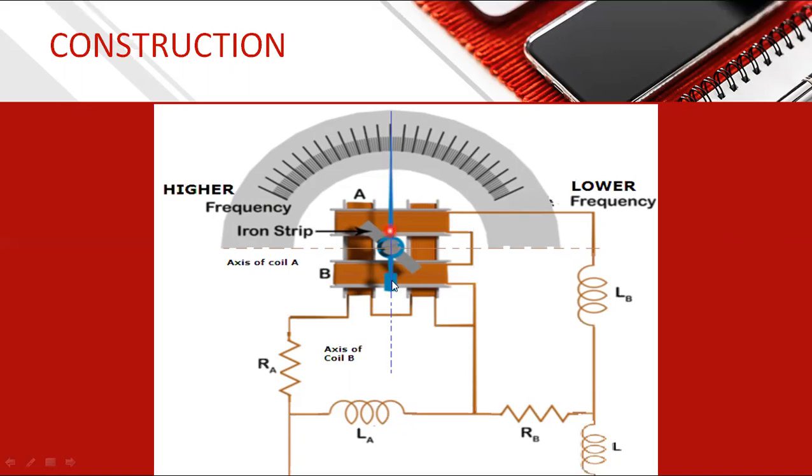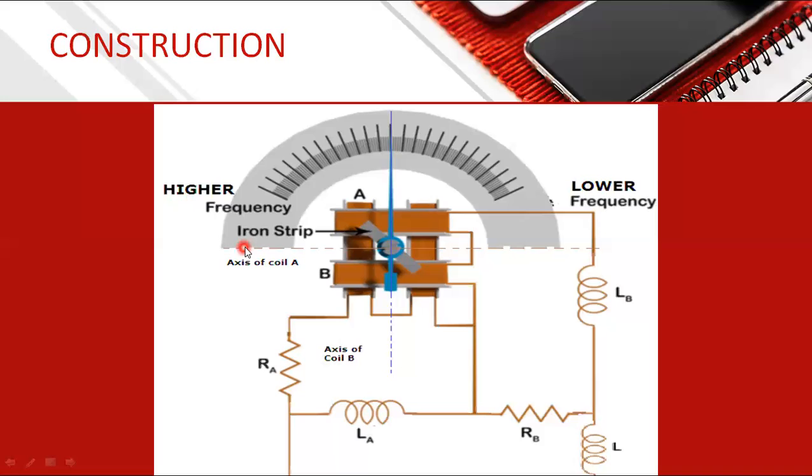If we see what is the angle between the needle and the soft iron strip, it is exactly 45 degree. So the angle between iron strip and the needle is 45 degree, and this needle is free to move over the calibrated scale shown here.